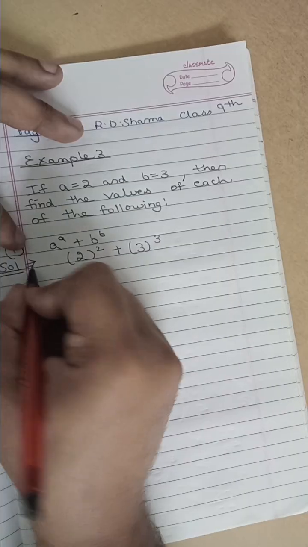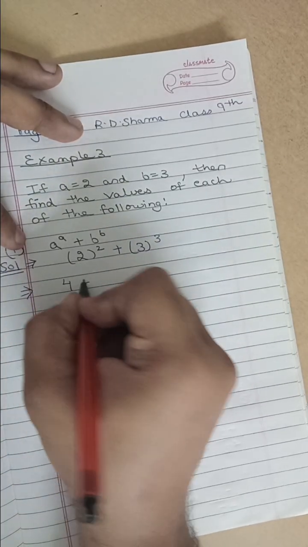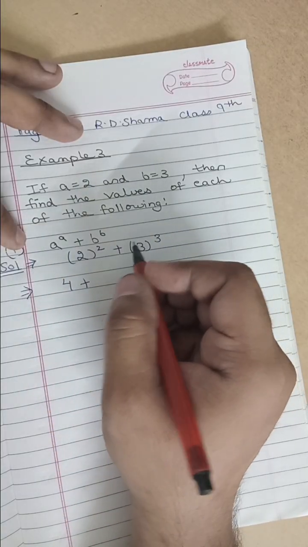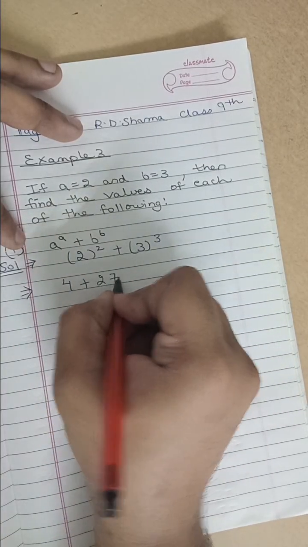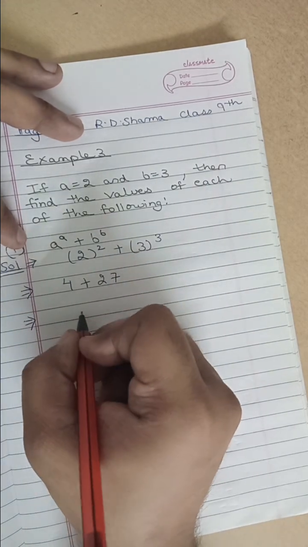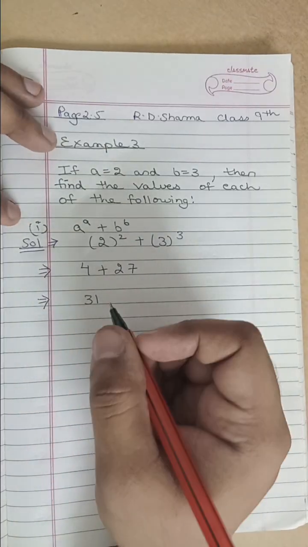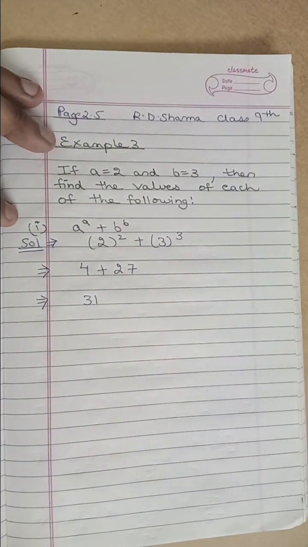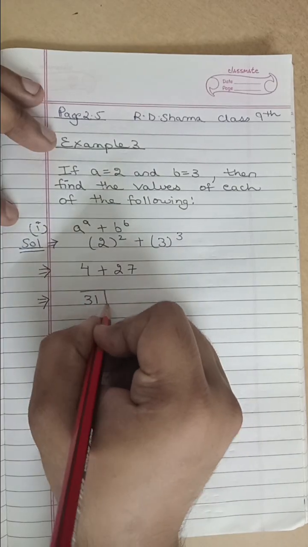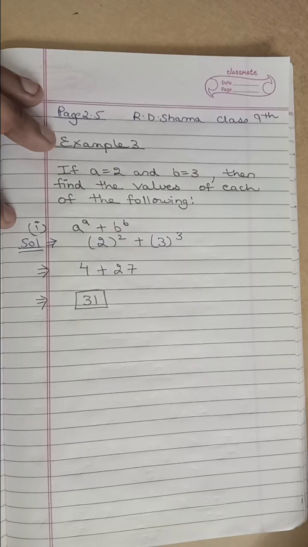This implies 2 raised to power 2 is 4, 3 raised to power 3 is 27, which comes out to be 31. This is the answer.